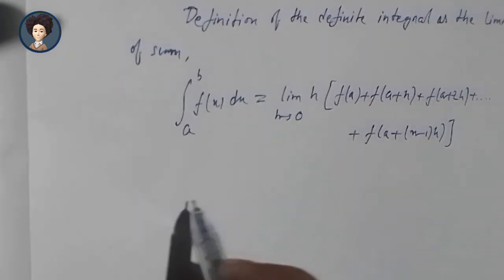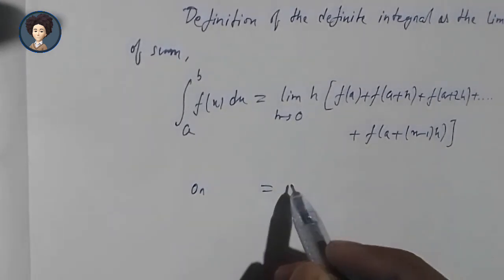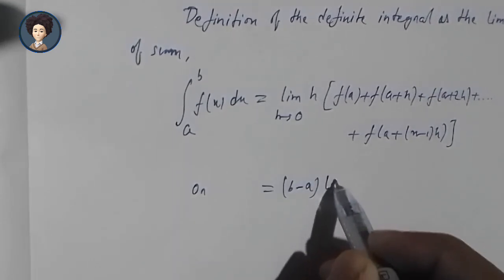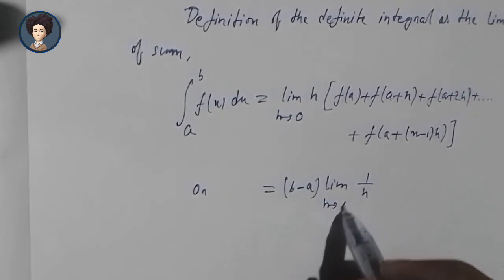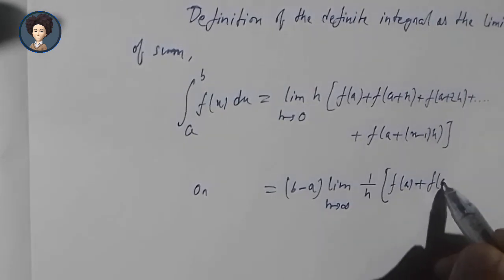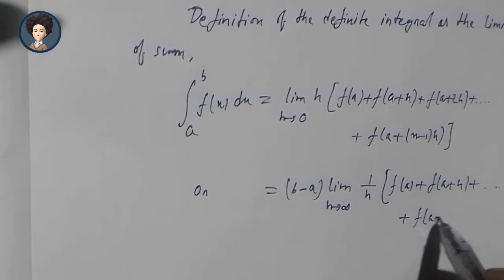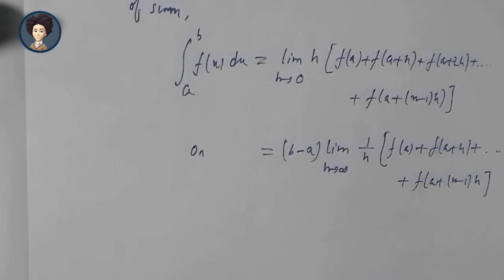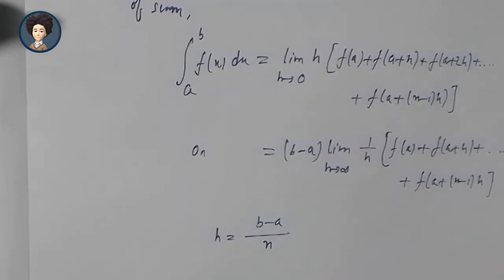Also, we can write this as b minus a times the limit of 1 by n as n tends to infinity of f of a plus f of a plus h plus and so on up to f of a plus n minus 1 into h, where h means b minus a divided by n.